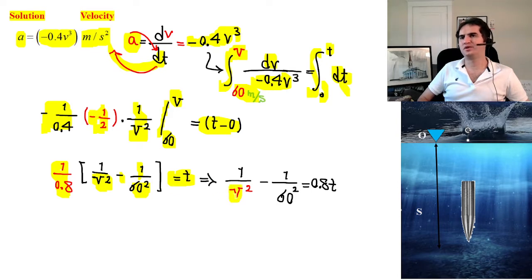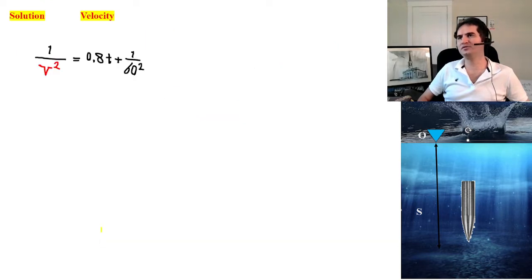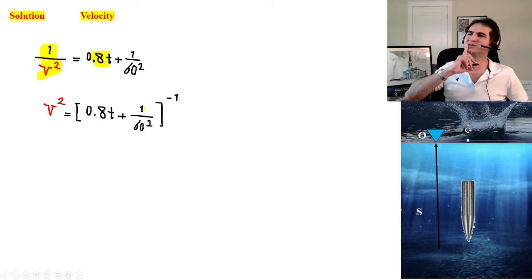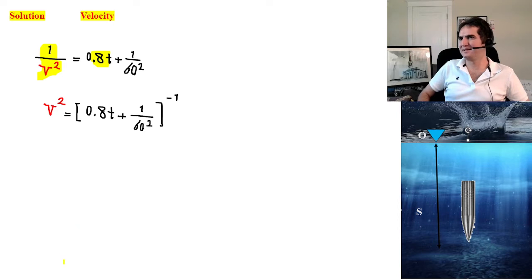If you rearrange the equation for v squared and solve for v, it gives 1 over v squared equal to 0.8 times t plus 1 over 60 squared.